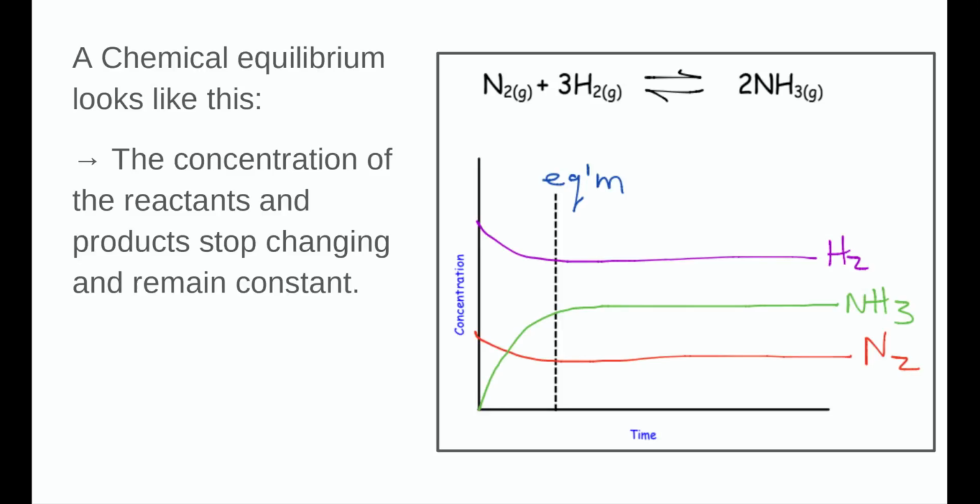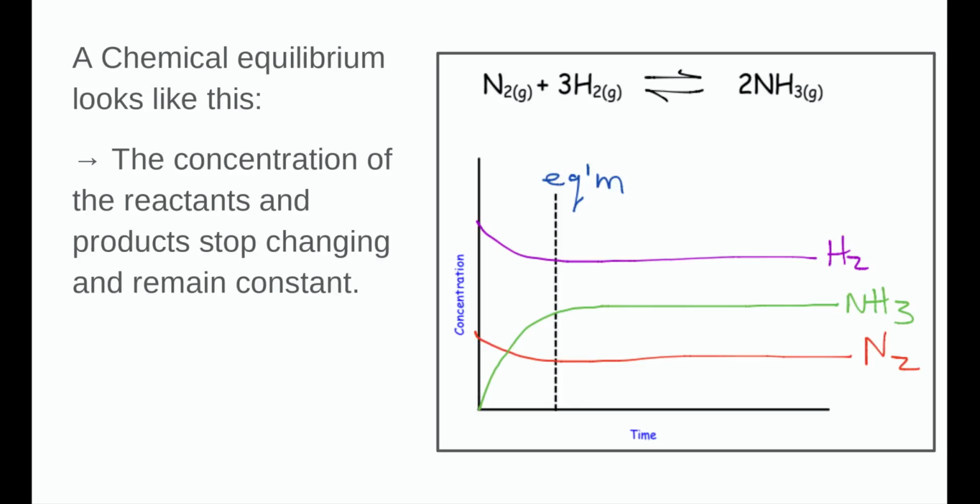And at equilibrium, the concentration stops changing. So hydrogen decreases in concentration, which makes sense because the reaction is going to make some NH3. The nitrogen concentration starts here and it goes down a little bit, but once it reaches equilibrium, the concentration of the nitrogen stays the same.